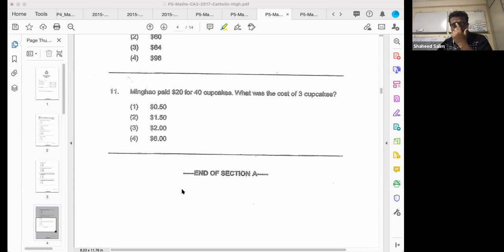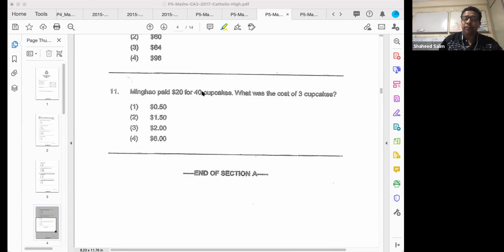Mr. Farish, you have to check. Farish, have you taken 40 divided by 20? That means cupcakes buy money. Cannot be. You take money divided by number of cupcakes. You must find. Farish is guessing now.